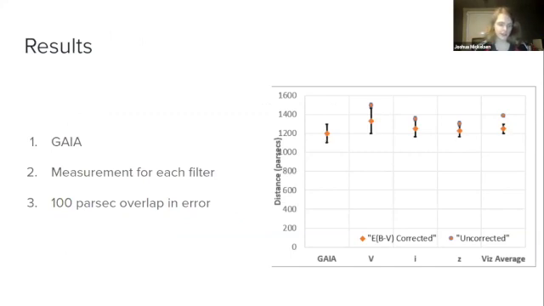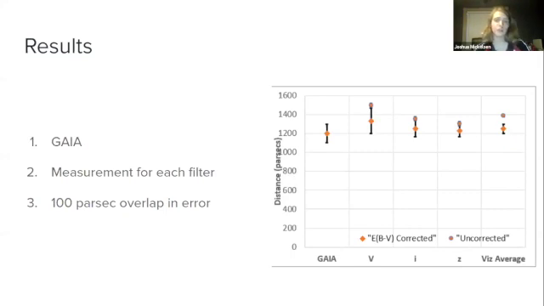Now, to get an idea of how far that is, 1 parsec is about 3 light years, which is the distance to Alpha Centauri, which is the closest star to Earth. So this is very far out there. Additionally, it does have an error, and that error is around 100 parsecs when measured by Gaia.